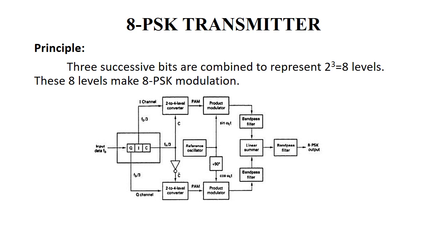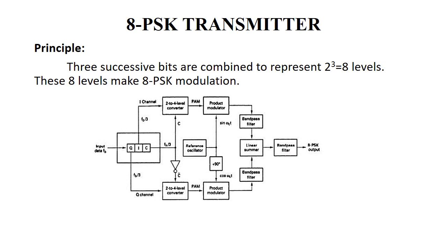So these two bits Bk, Bk plus 1 are given to the upper digital to analog converter. Hence the output has 4 levels. Similarly, the bits Bk, Bk plus 2 are applied to the lower digital to analog converter. Hence the output also has 4 levels. So the outputs of the digital to analog converters are given to balanced modulators.